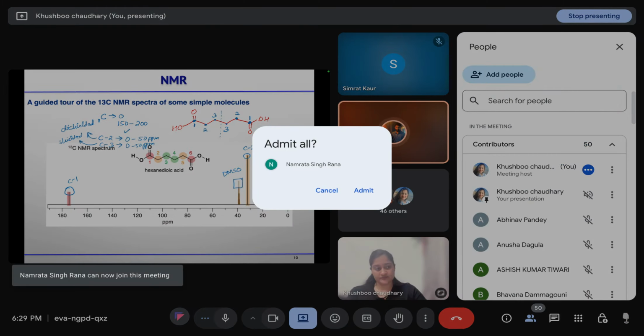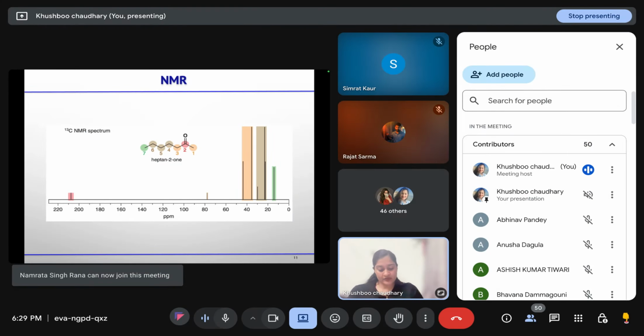Okay. Now let us discuss another molecule, heptan-2-one. Let us number the carbons 1, 2, 3, 4, 5, 6, 7. Now carbon 2, we can easily identify in which region it will come. 150 to 200 ppm.